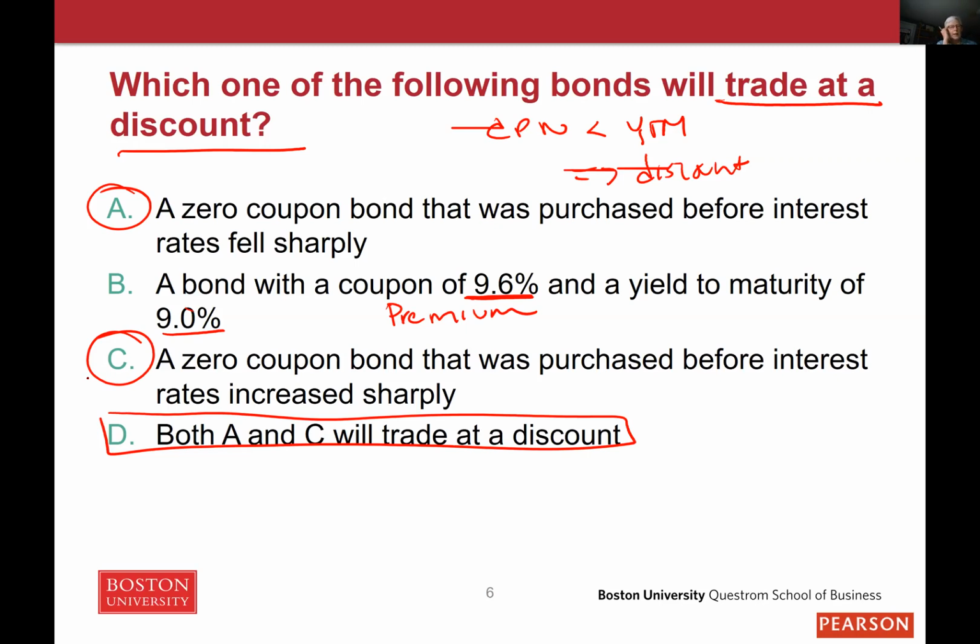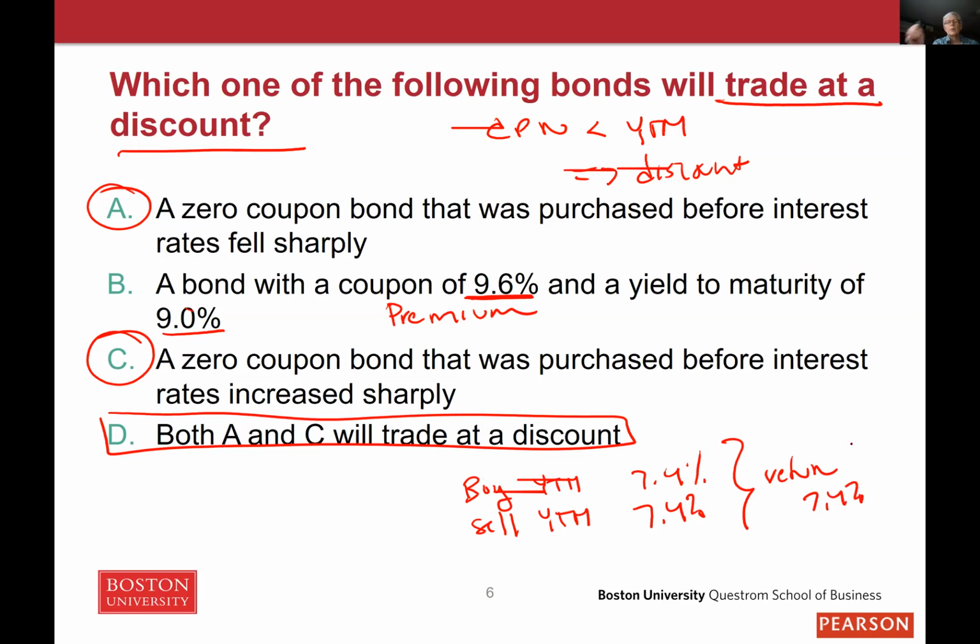One of the other things that you sometimes see with these zero coupon multiple choice questions, there's one in the practice exam, is that if you buy it when the yield to maturity is, let's say, 7.4%, and it's the same when you sell it, then your return will be 7.4%.